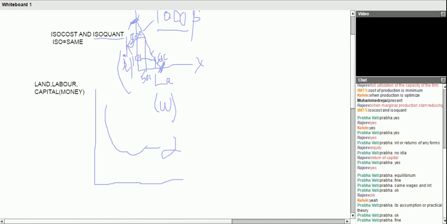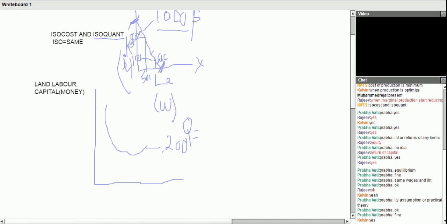Like this is total, I'll say 200 units. It is Q. Q means the total output. So Q is equal to, you remember the equation, Q is equal to function of K, L and LA. If you remember, in the last class we did.